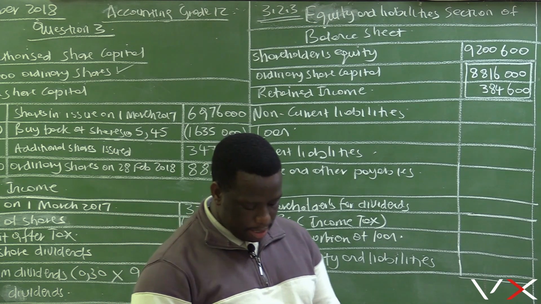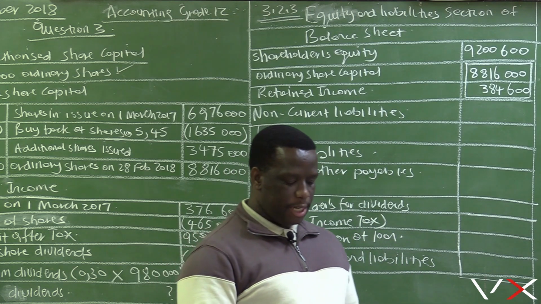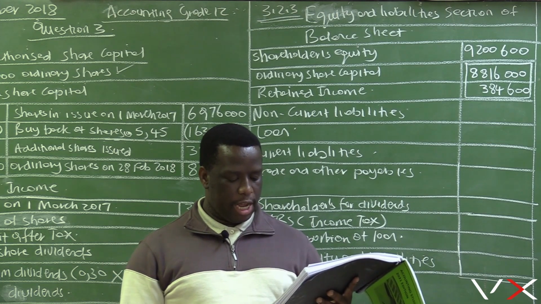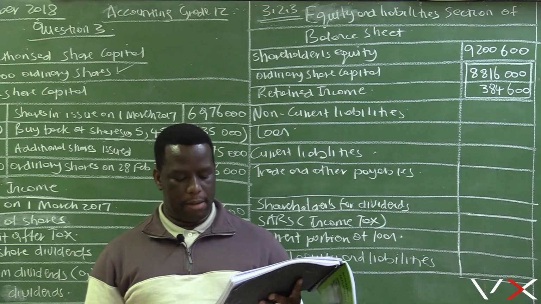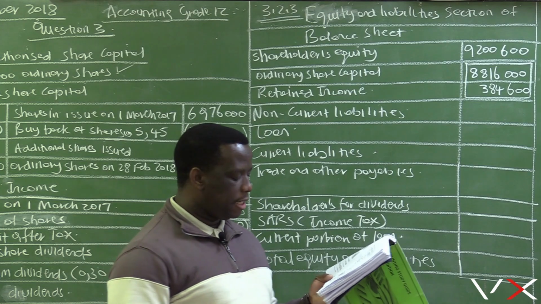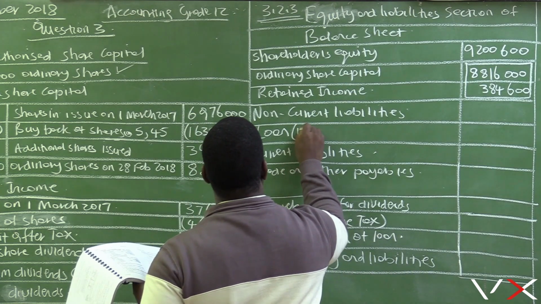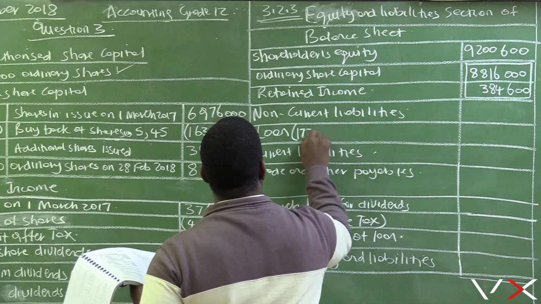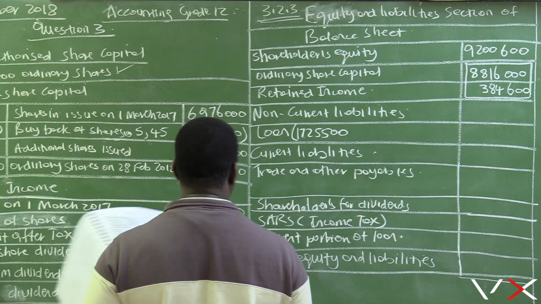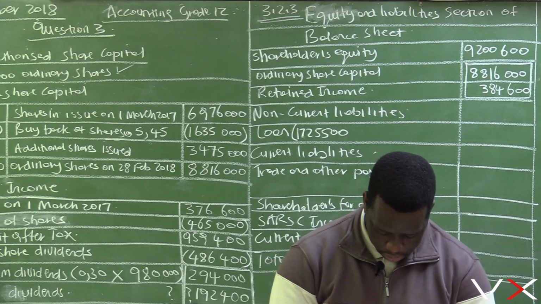But non-current liabilities, let's check our non-current liabilities, our loan. On page 8 of the question paper, we do have loan in information A, but we are given the opening balance. The opening balance in 2017 was 1,725,500. So let us then check the transaction relating to loan.